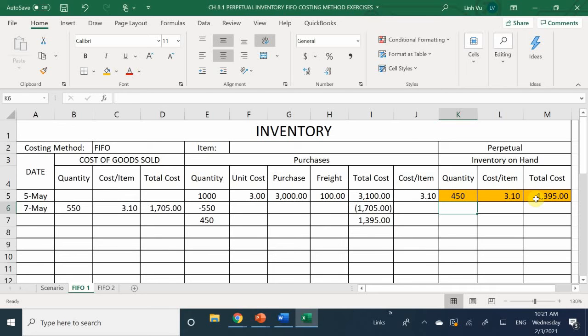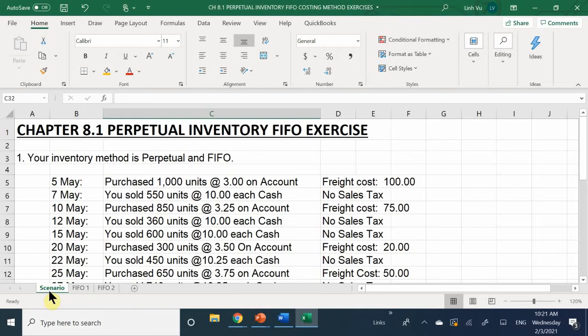Oftentimes we are so busy with our lives that after we work our full day, we go home, we come back, and we don't know what the heck happened the day before. So it's only recommended if you want to do it, but again, it's based on how you manage your own inventory worksheet. But I'm teaching you it this way, so I'm going to show you it this way. Next week, we're going to eliminate that and just use the inventory on hand. Okay, so anyways, let's go back to the problem.